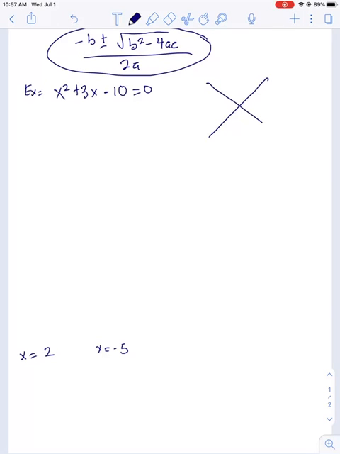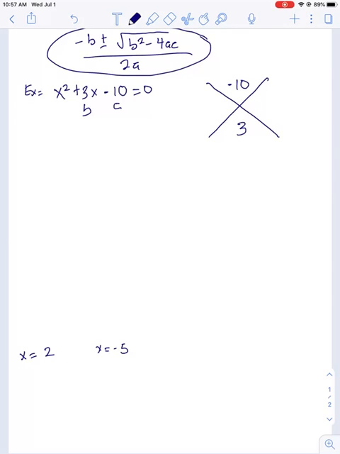Your top number, which is c, goes on top, which is negative 10. And b, this value right here, goes at the bottom, which is 3.